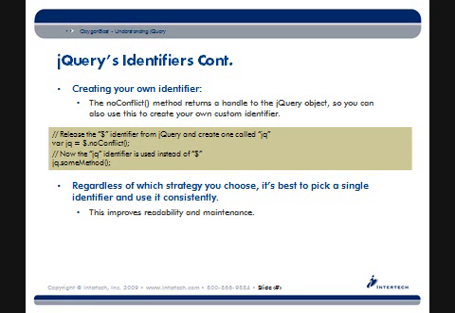In which case, you should note that the noConflict method will return a handle to the jQuery object. So if I do something like var jq equals $.noConflict, it's going to release the $ identifier from jQuery, and now I can start to refer to the jQuery code through the jq identifier I put right here. So here you see I now use the jq.sum method.